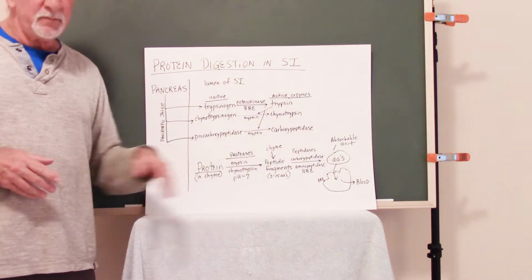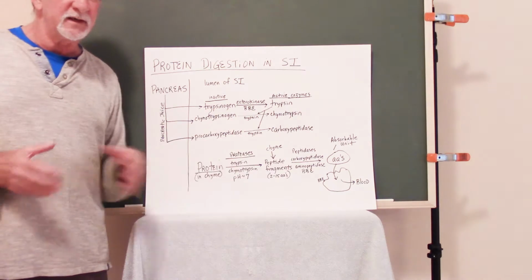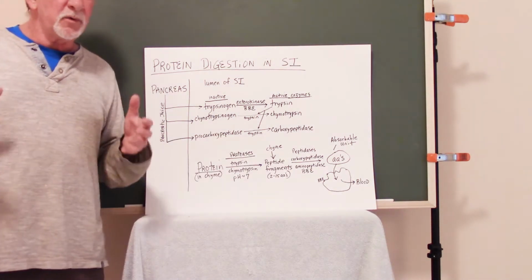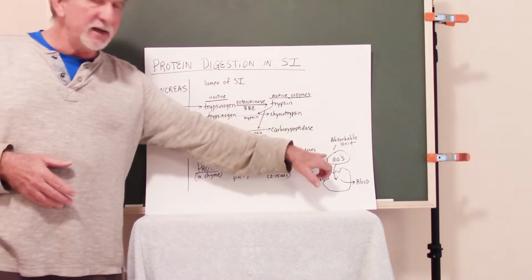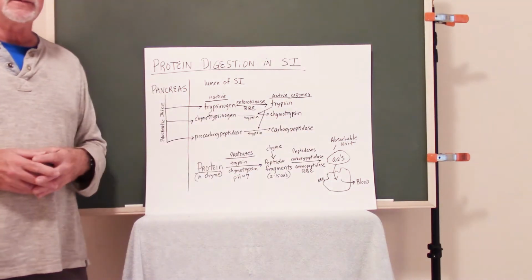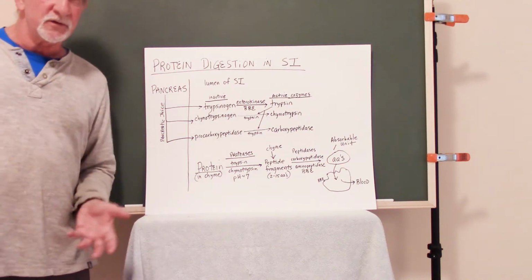And carboxypeptidase, ultimately from the pancreas, along with the aminopeptidases that act as brush border enzymes, break down the peptide fragments to individual amino acids, which are the absorbable units in the end of this digestive story.